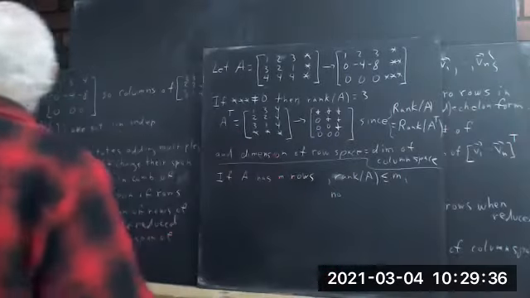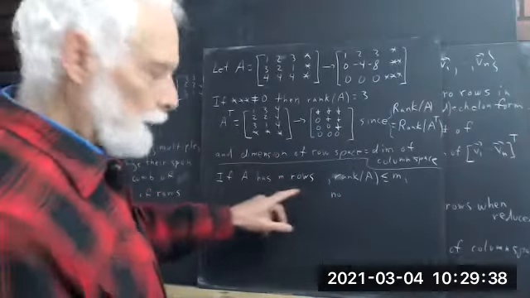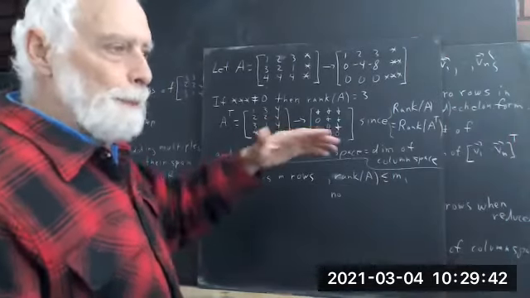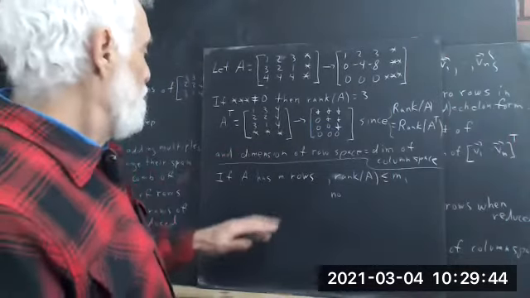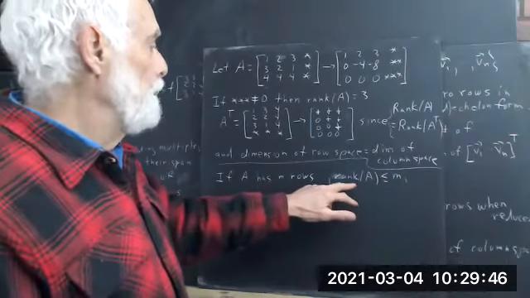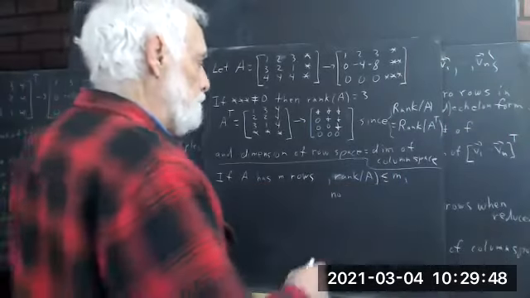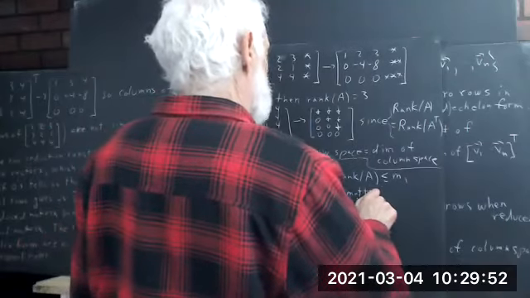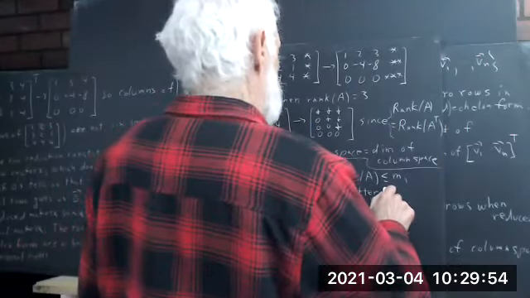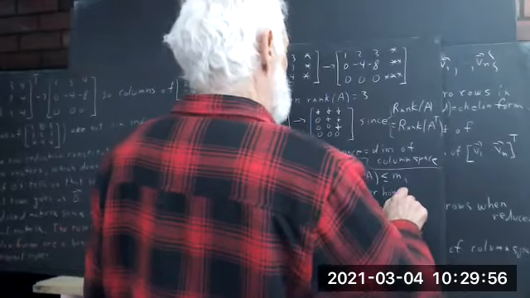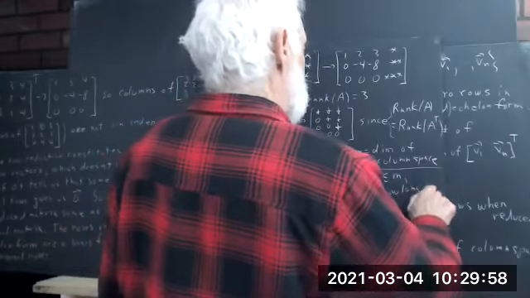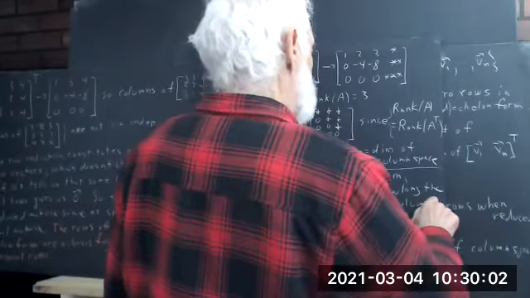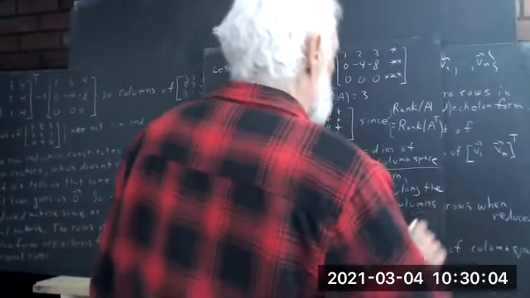Thinking ahead. What I wrote was true, but we want to stay in terms of rows. Okay, the rank of A is the dimension of the row space. If we have M rows, the rank of A is less than or equal to M, no matter how long the columns.